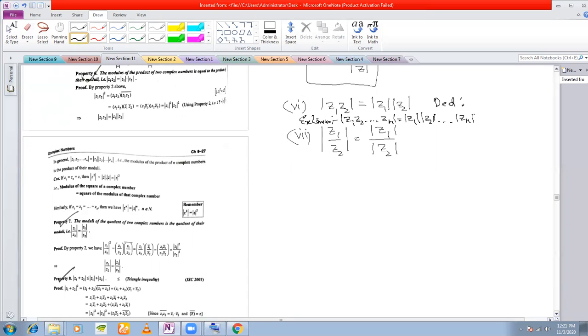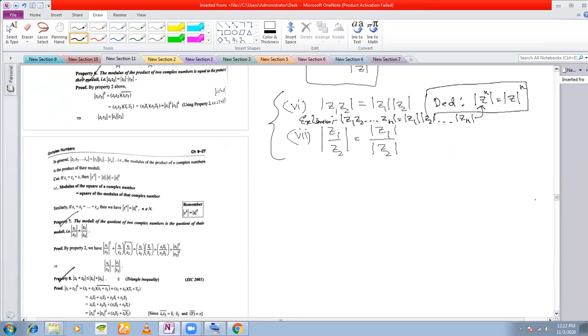And from this you can deduce that mod of z to the power of n is equal to mod z whole to the power of n for any complex number. This deduction is important also. In fact, these two properties along with the extension and deduction are important.